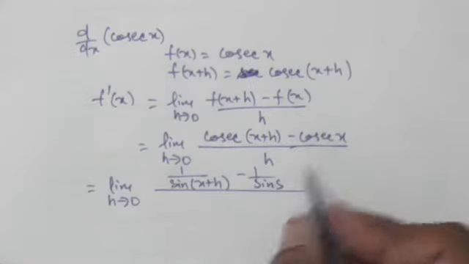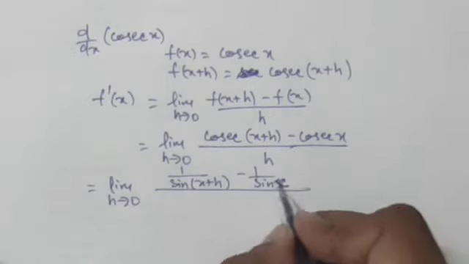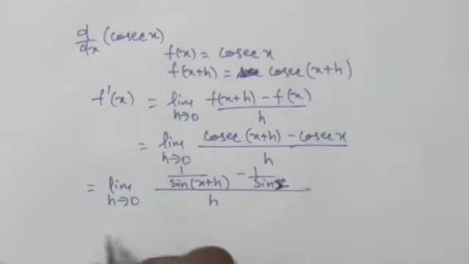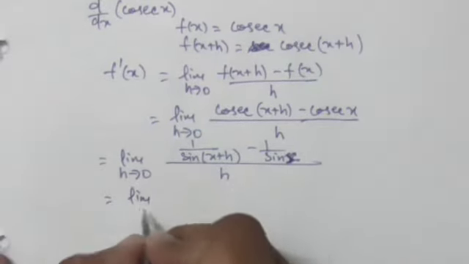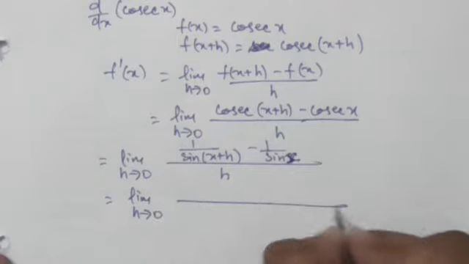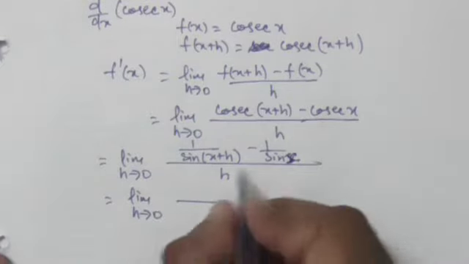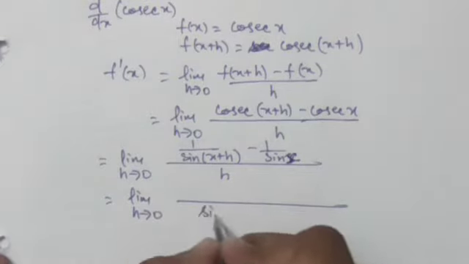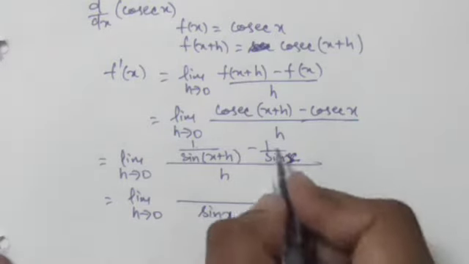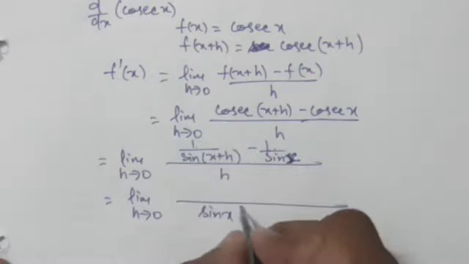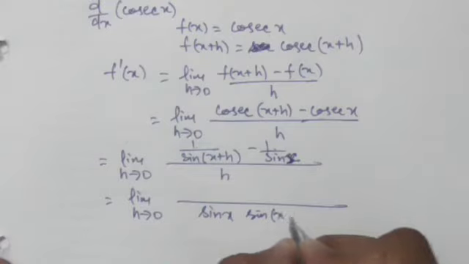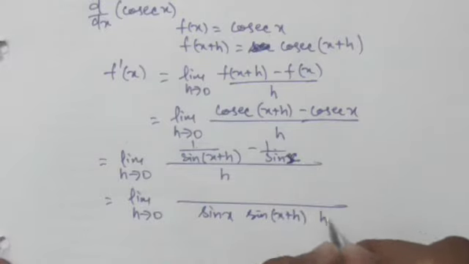So what is cosec x? It is 1 upon sin x. So it will be equal to, now we will subtract these two fractions, then the LCM of denominators will be sin x into sin(x + h).